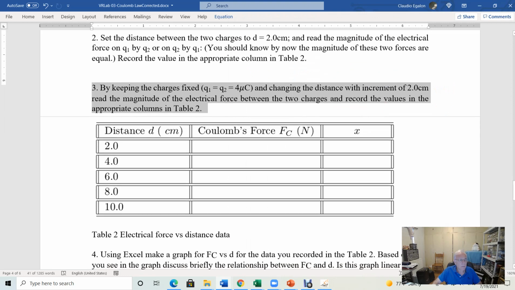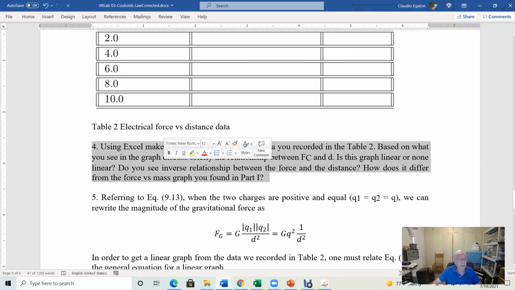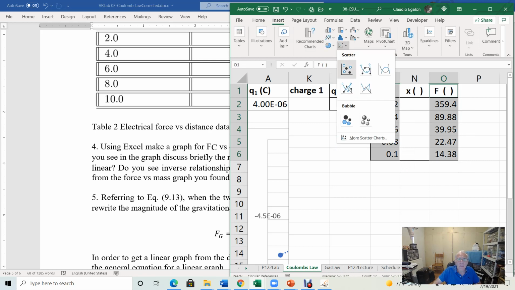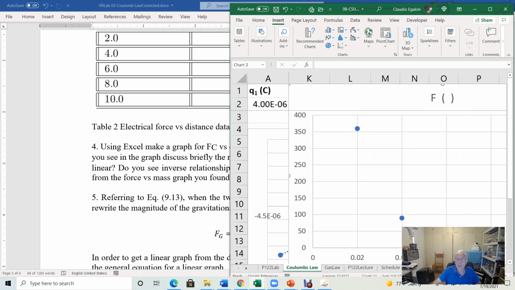What he wants to do, he wants to plot, use Excel, make a graph of F Coulomb force against D. Based on what you see in the graph, discuss briefly the relationship. Is the graph linear or not linear? You see an inverse relationship. So let's do the graph. D and force. Insert chart right here.